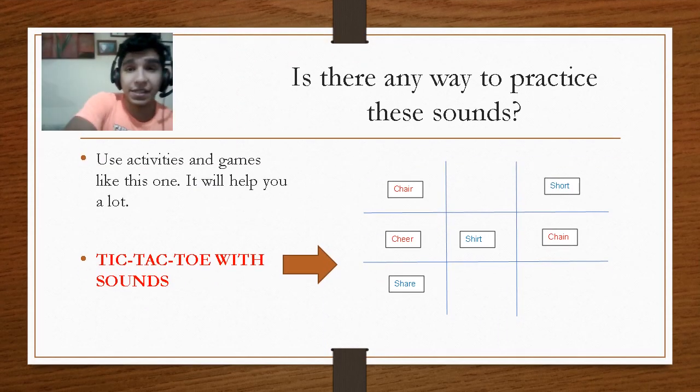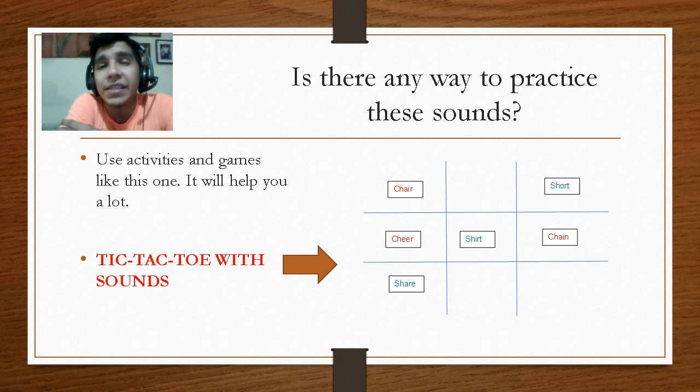Now, is there any way to practice these sounds? Well, yes, there is a way. Use activities and games like this one that I have right here. It will help you a lot because the best way to practice is not knowing you're practicing. We have this tic-tac-toe with sounds.